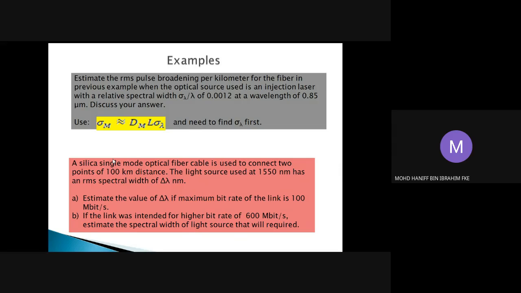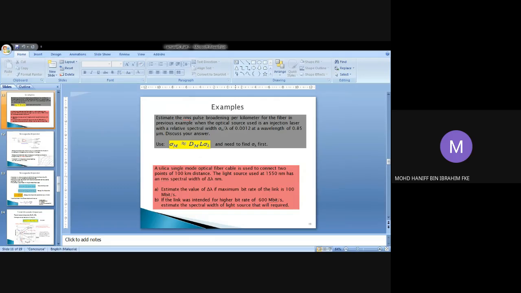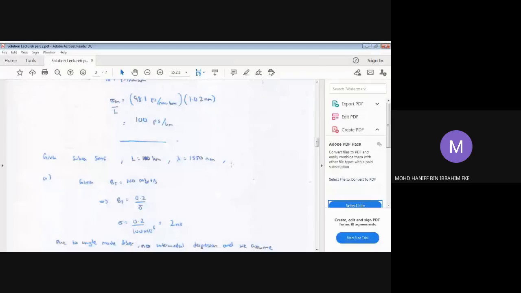To make it clearer, let's have a look at the solution. We know that for the silica single mode fiber, L is 100 kilometer and lambda is 1550 nanometer.